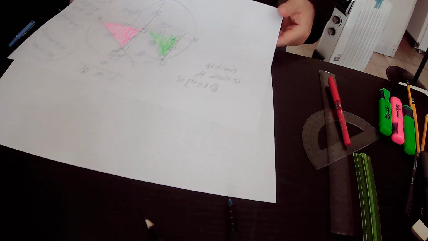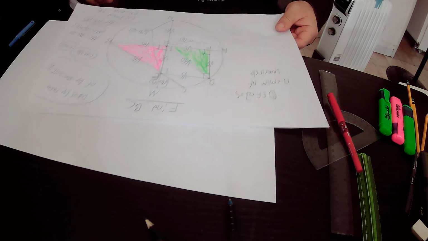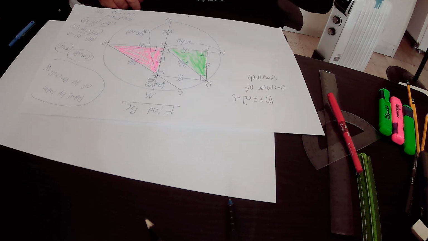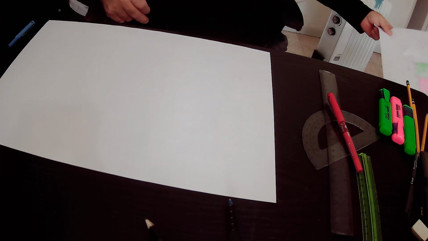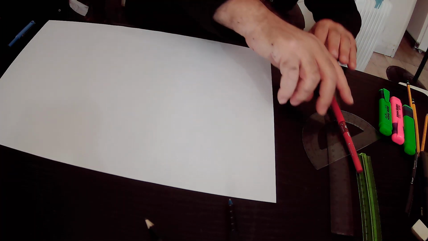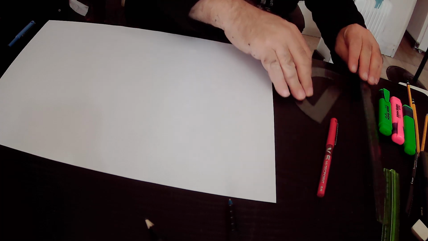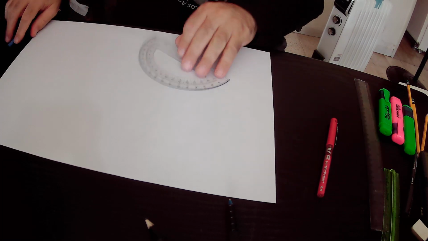So I will copy the two chords that intersect with each other in a new page, and we'll implement rule number 2 in our new drawing.